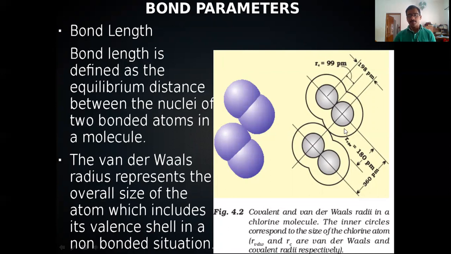Here you can see two atoms combined together. This is the nucleus of the first atom, this is the nucleus of the second atom. And you can see 198 picometer is the distance between the nuclei of two bonded atoms. And that 198 picometer is considered as the bond length.